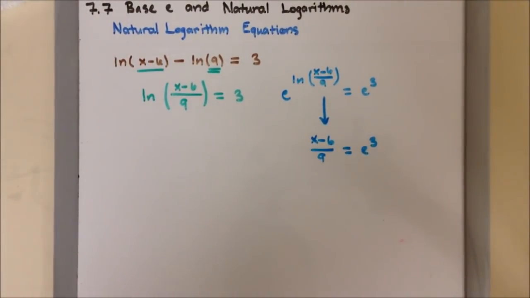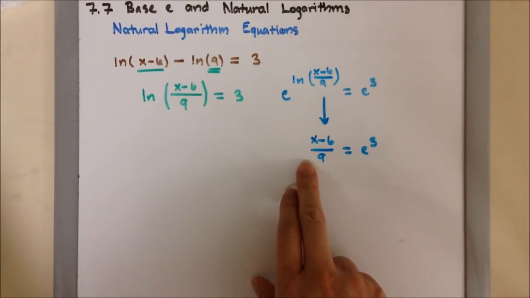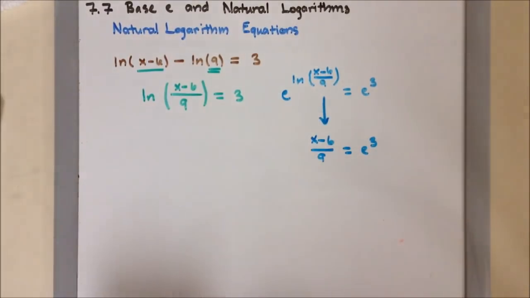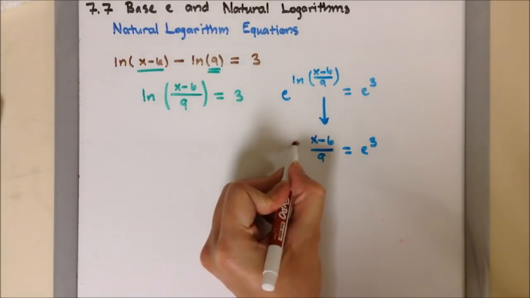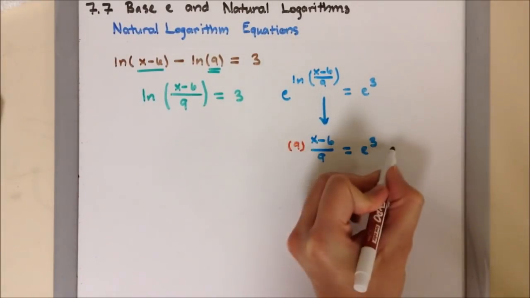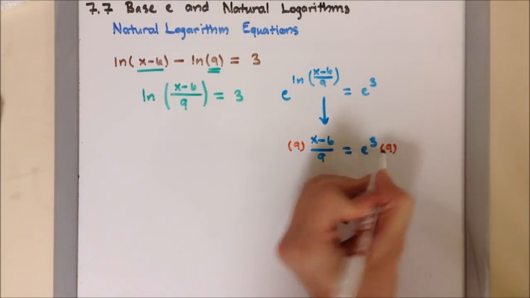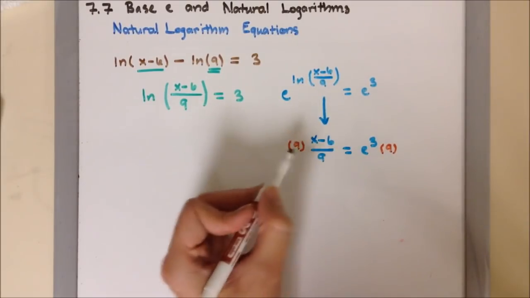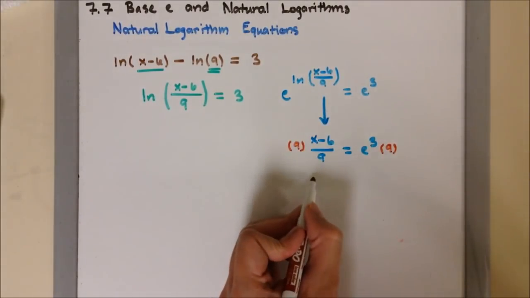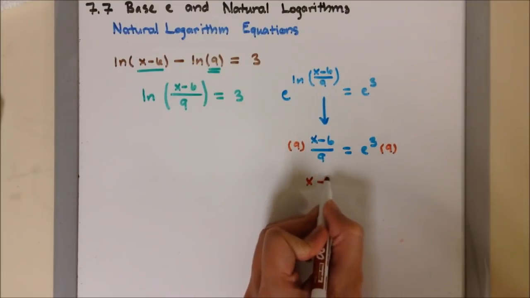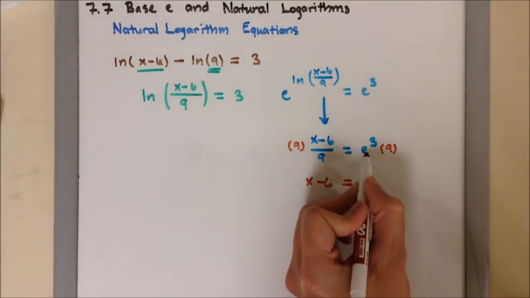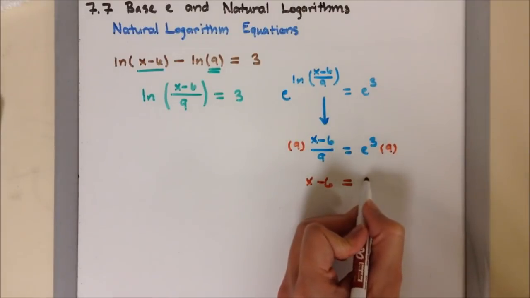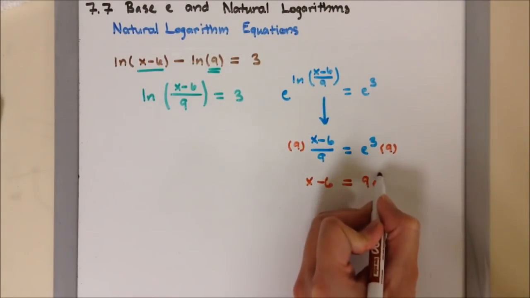Now from there, since I have a fraction, I'm going to multiply both sides by 9. So these two 9s will divide into 1. I'm left with x minus 6 equals e to the third power times 9, which is simply 9e to the third power.